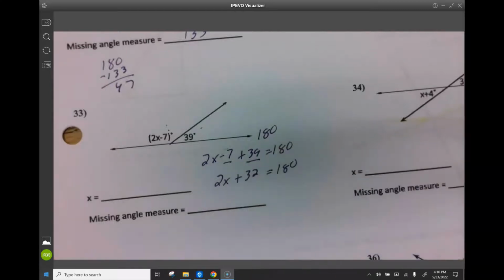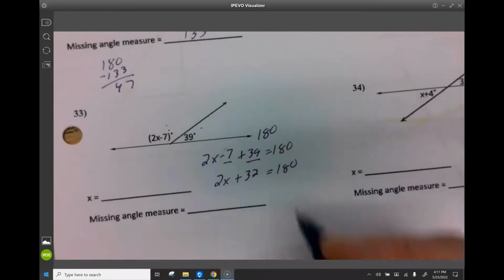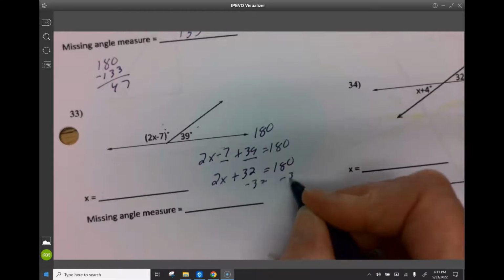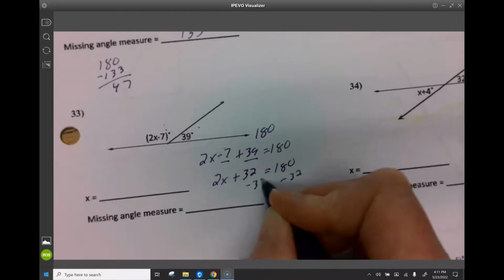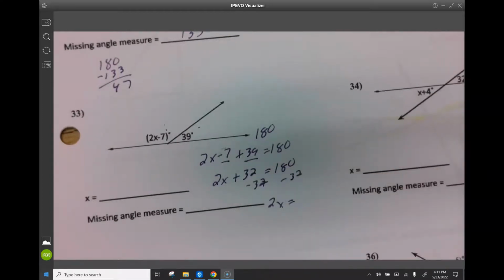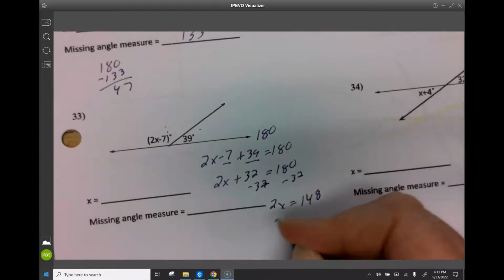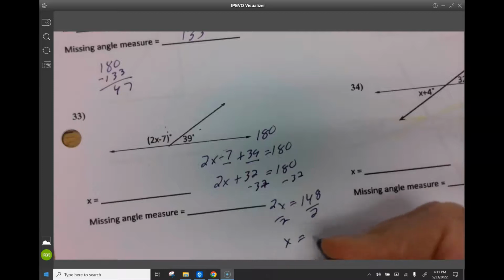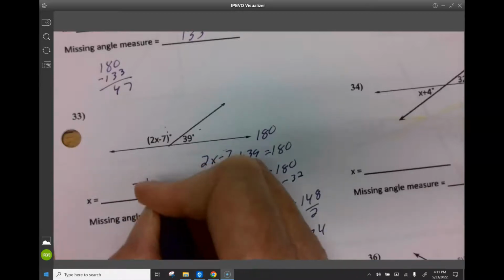Okay. So I didn't give myself much room, did I? Subtract 32 from both sides. So I get 2x is equal to 148. Divide by 2. I get 74. That's x.